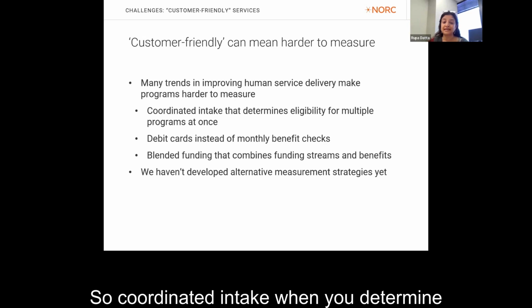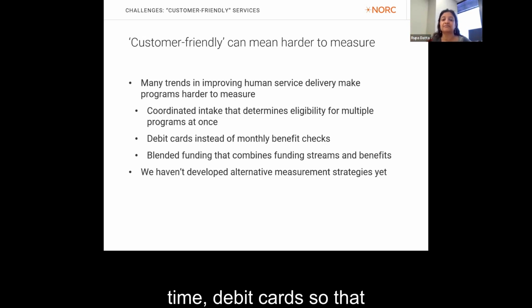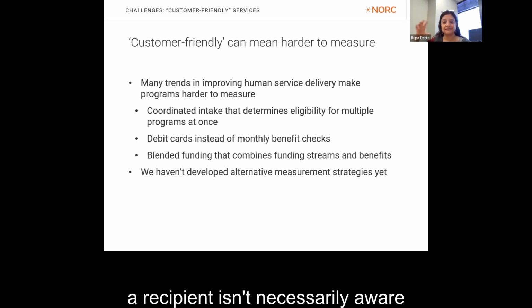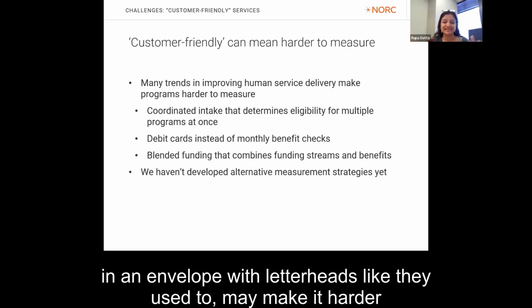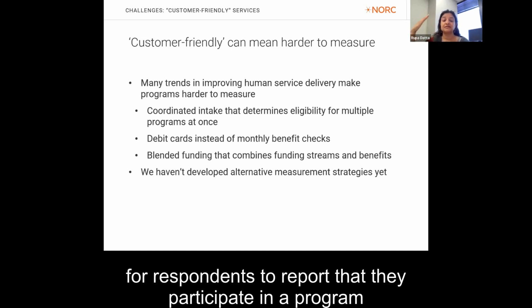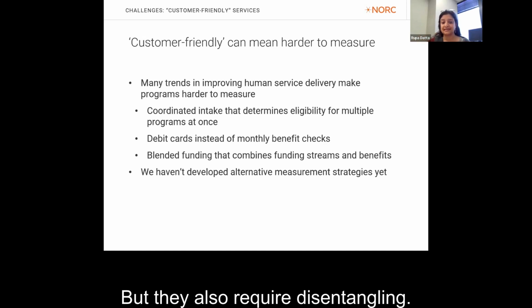So coordinated intake, when you determine eligibility for SNAP and Medicaid at the same time, debit cards, so that a recipient isn't necessarily aware of the program that's sending them a check every month in an envelope with letterhead like they used to, may make it harder for respondents to report that they participate in a program. Blended funding streams can be really flexible, but they also require disentangling.